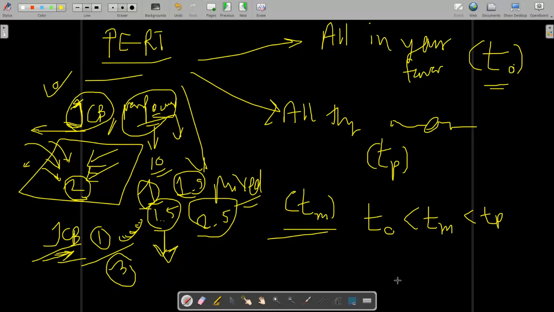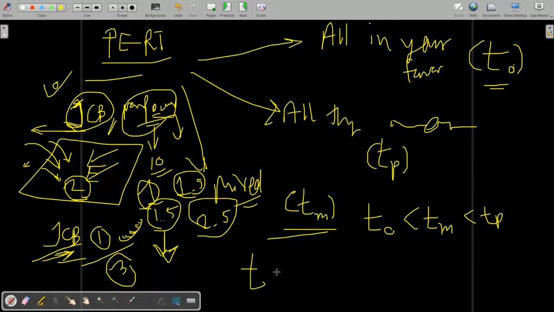And if you want to draw the diagram, first you have to take the average time. So you can take the average time, that is T, equal to optimistic time, plus 4 times mean time or mixed time, whatever you can say, plus pessimistic time, divided by 6. So an average time can be shown like this. And variance is how much the maximum time deviation is, like the JCB could not reach the destination and it broke down, so how much maximum time it will take to get repaired.